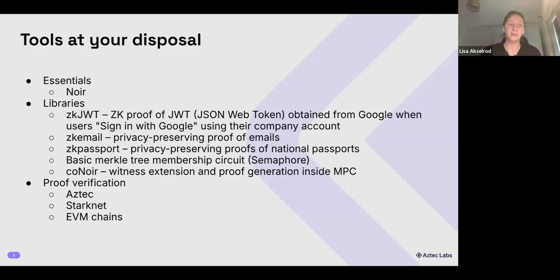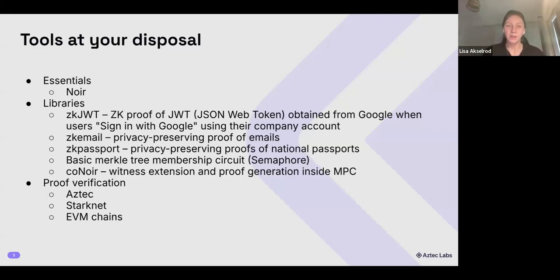Then in Noir, we have some really interesting, exciting libraries. Going through some of them, ZK JSON Web Token that low-key allows you to ZK prove sign in with Google. Sign in with Google, for those who are not familiar, is the gadget that returns to the third-party app a bunch of information about the user, such as name and email and the domain of this email, and so forth.